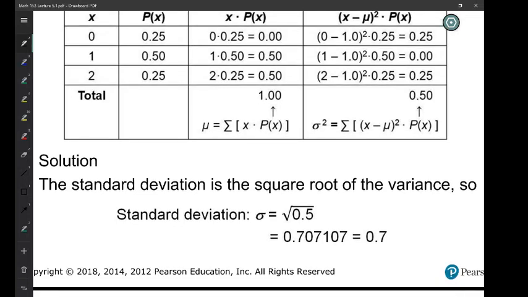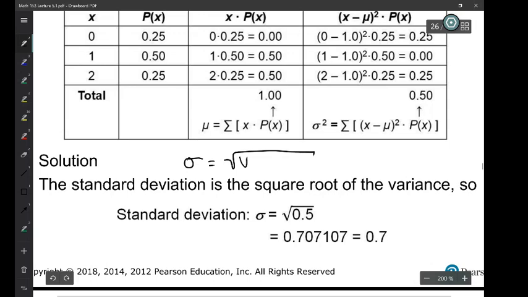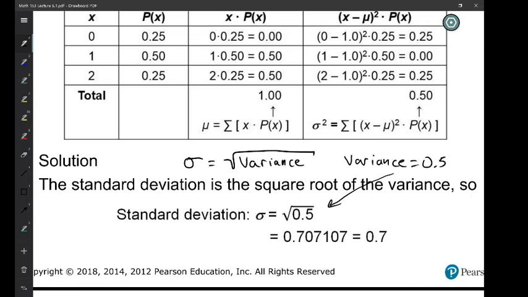The standard deviation is simply the square root of the variance. So since variance is 0.5, write that down. Standard deviation is the square root of the variance, and the variance we computed to be, in this case, 0.5. So we get a standard deviation of the square root of 0.5, or 0.7.